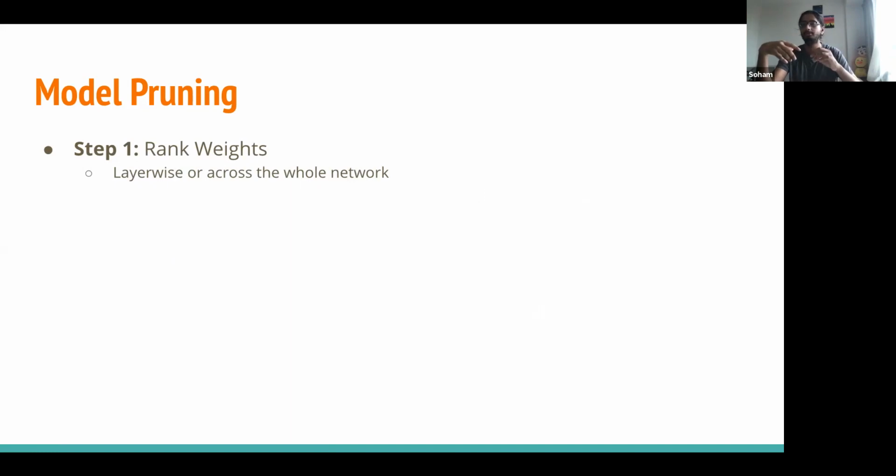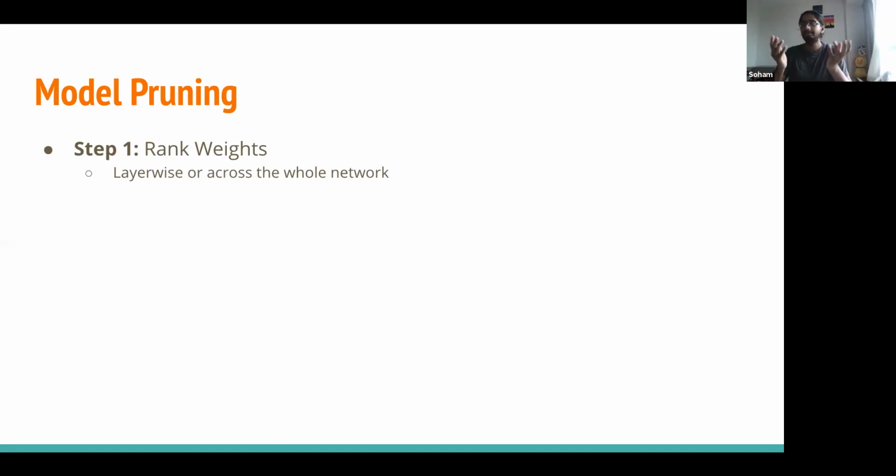So for instance, if you want to prune let's say 10% of a network, then you just remove the bottom 10% of your weights. So we prune by magnitude of the weights, and the lowest 10% magnitude, we just remove those.